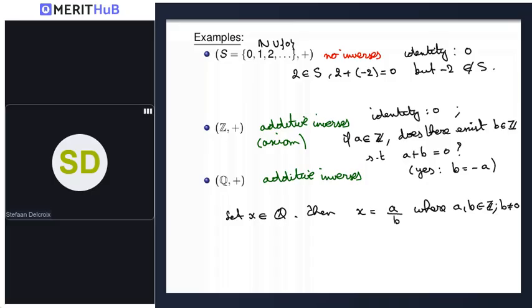Now remember, the inverse of x should be a rational number, so it's an integer over an integer. So the opposite of x is, what is the numerator and what is the denominator? We're working under addition, Carrie. So I want something that I need to add to a over b, and I will get 0.